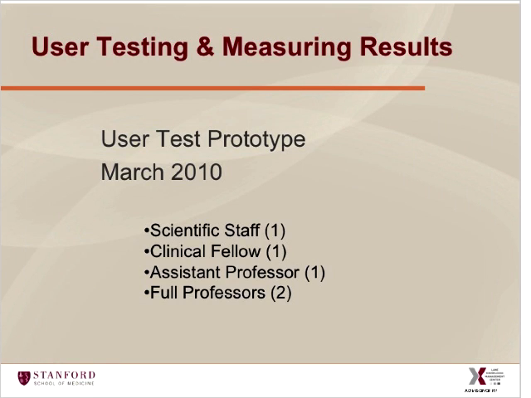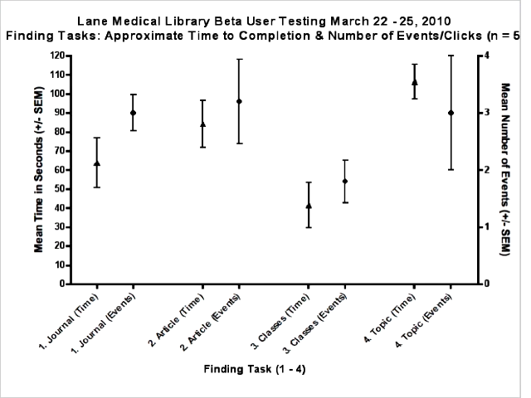We did this user test prototyping with one person from each of the major categories, 2 professors and one scientist, 1 clinical person, and an assistant professor. And this is a usability study where, if you look at the x-axis here, we gave them four jobs to do, or 4 tasks to run.